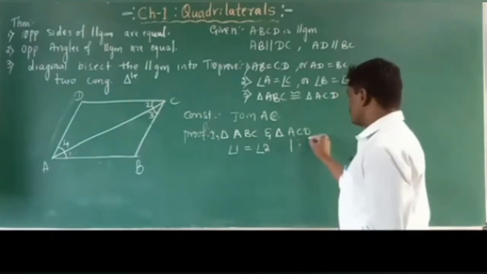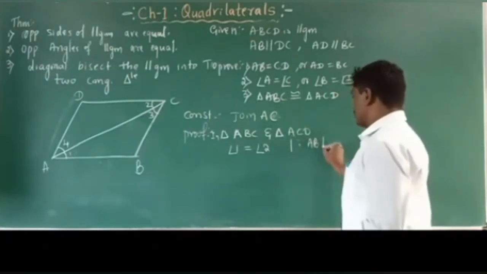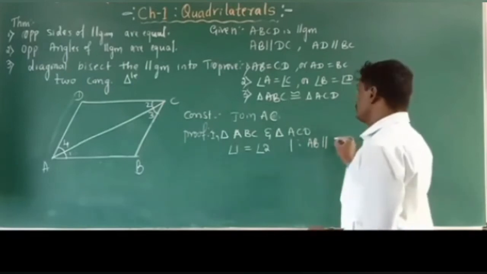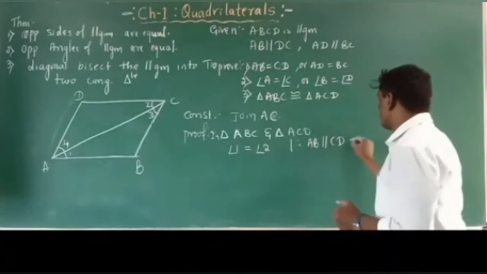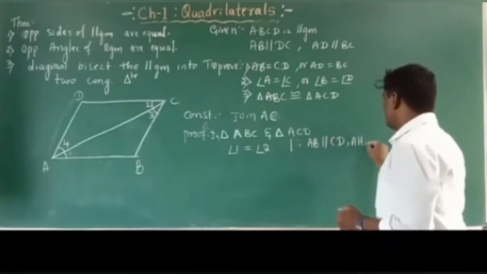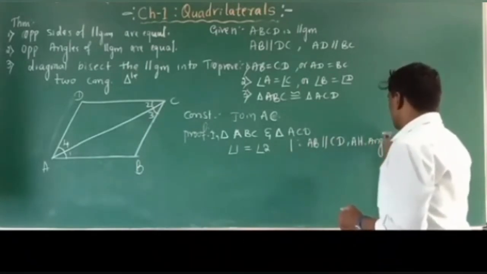Reason: because AB is parallel to CD, or you can also write that these two are alternate angles. Write any one reason.